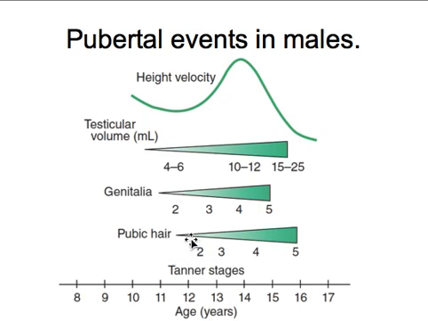And then the last characteristic that will start to develop during puberty would be your pubic hair. You can also see that it is in puberty that you will have a marked growth spurt in terms of height. See the rapid velocity of your height development between 12 to 14 years old.